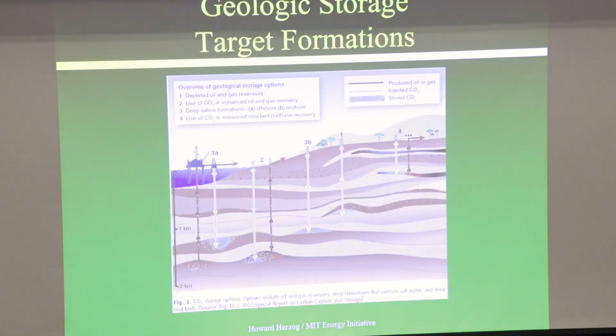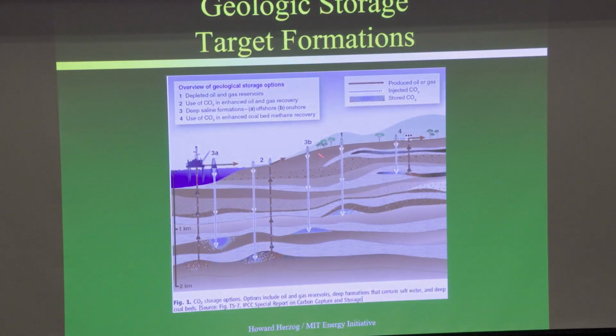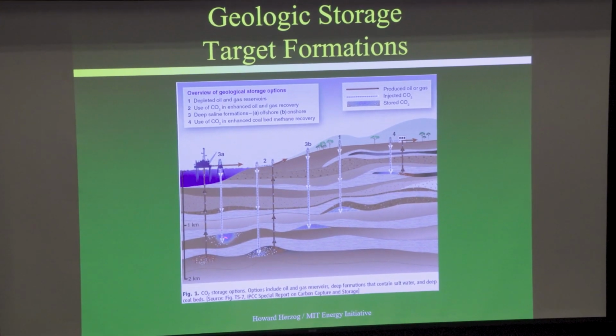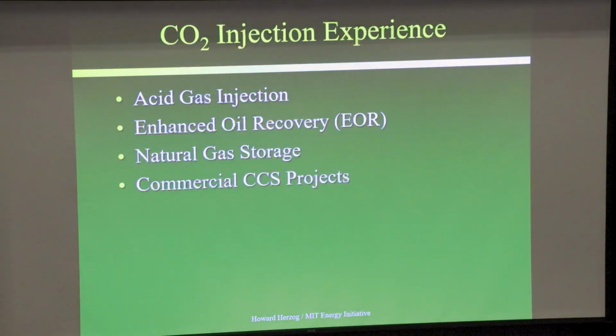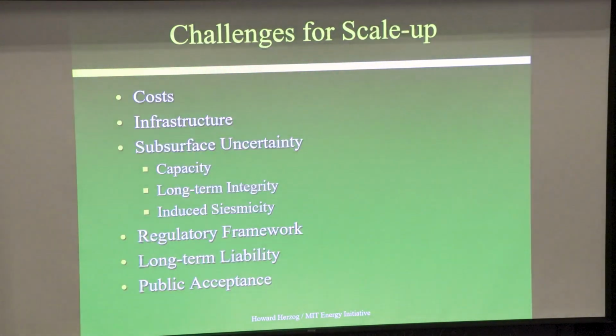You can see here, they show you can have these saline formations under land, but you also can have them underwater. So that's some of the experience that we have. So what are the challenges? You already brought up the thing of induced seismicity.